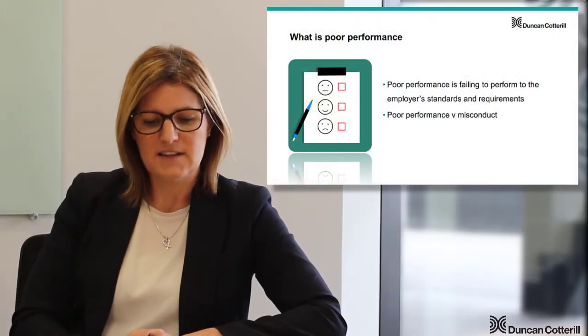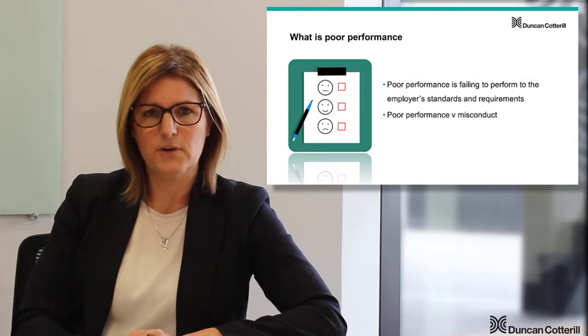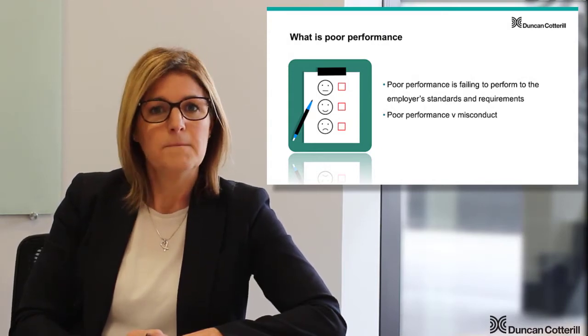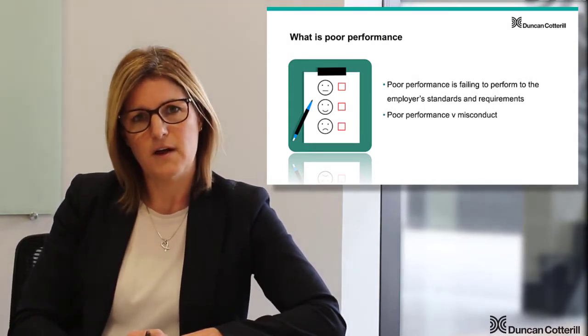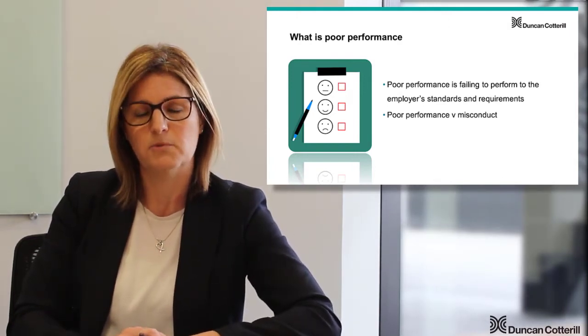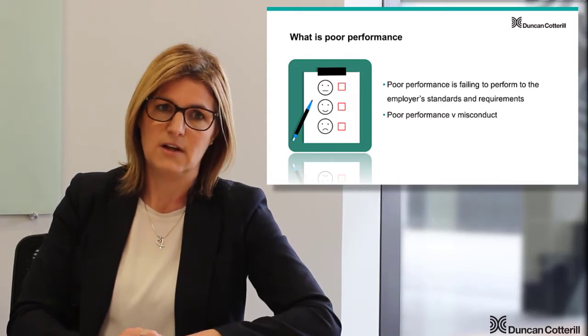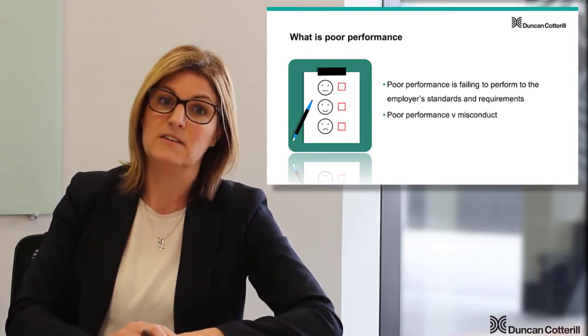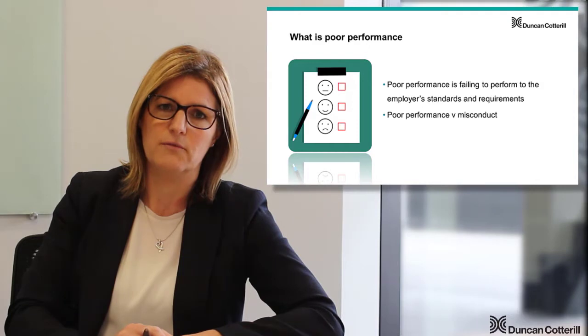Poor performance essentially is failing to perform to the employer's standards and requirements. A good first place to look to identify if an employee is meeting the performance standards you require is the job description. That will normally set out the performance indicators and the expectations of the job.